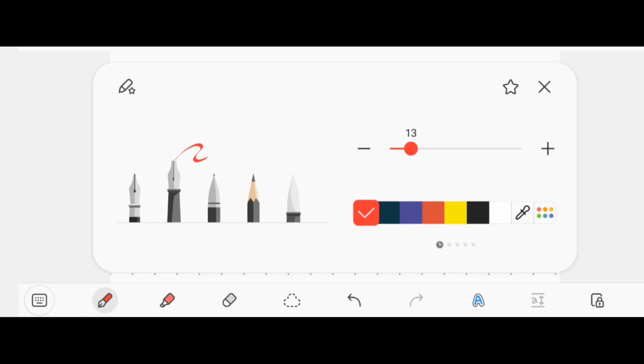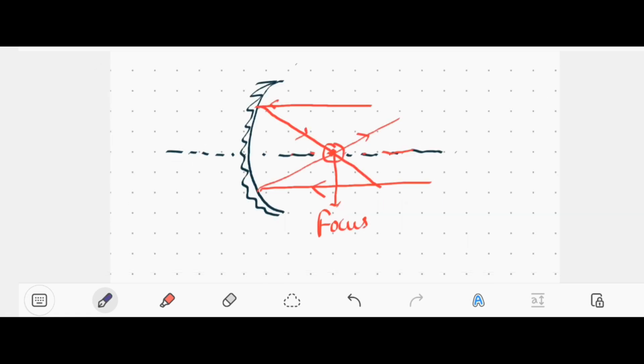Now the next thing, students. We know the laws of reflection: the incident ray, the reflected ray, and one more line we use, which is known as the normal to the surface. The normal is drawn from the point where the light ray is incident on the surface. You might have studied in mathematics that if we have a tangent on a circle and from the point of contact we draw a normal, it passes through the center of the circle.